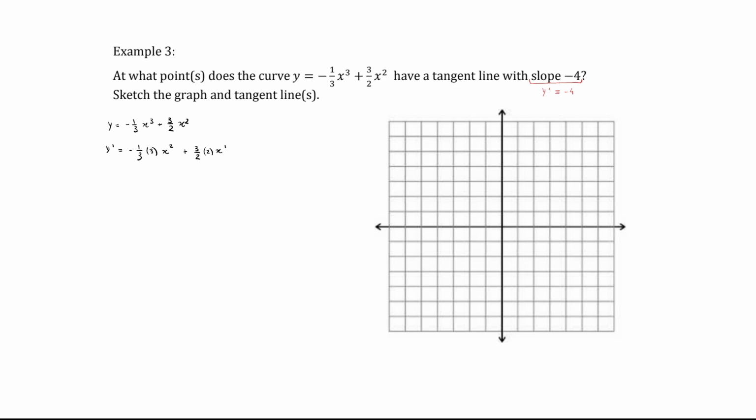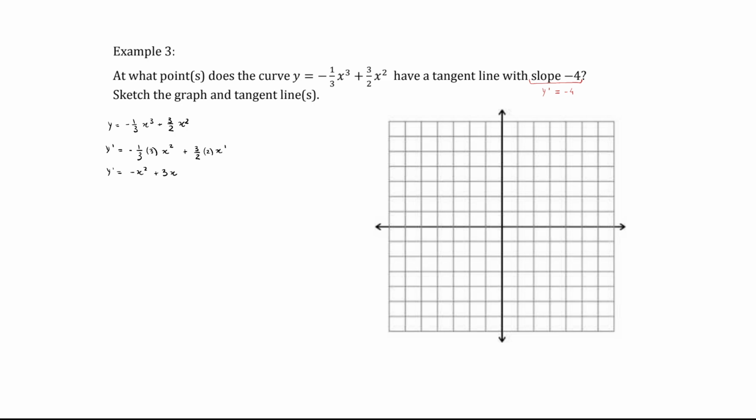Now I just simplify. y prime: -1/3 times 3, that's just -1, so -x squared, and then 3/2 times 2 times x to the power of 1 is simply equal to 3x. So the derivative is given by -x squared plus 3x.